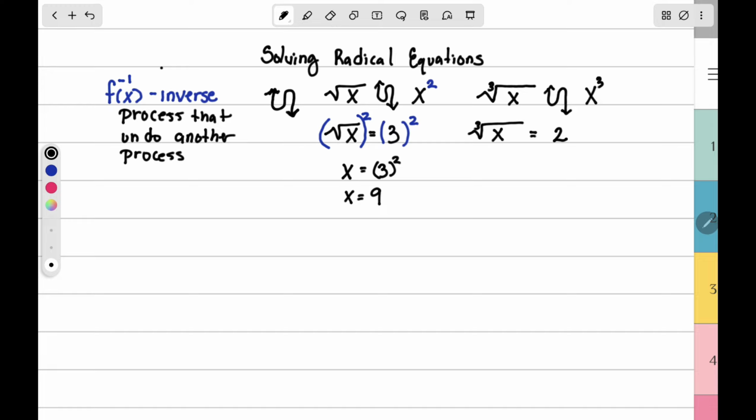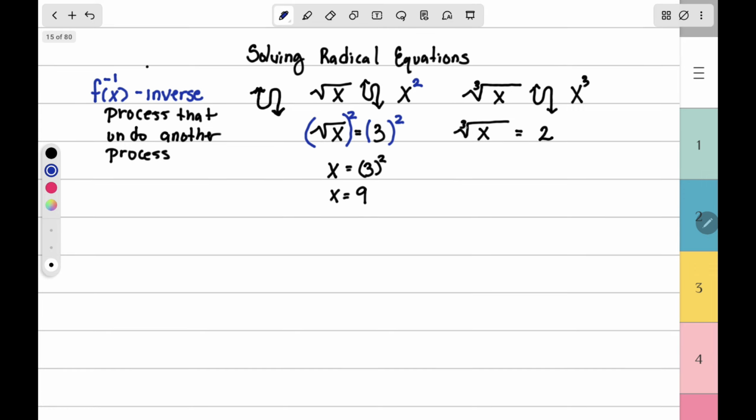Well, the only way you can undo the inverse of a cube root is what? Cube, right? So you cube it, and whatever you do to one side, you do to the other side. That way, the index and the exponent cancel out. X is left over, and you're left with 2 to the third power, which is 8. You better not say 6.